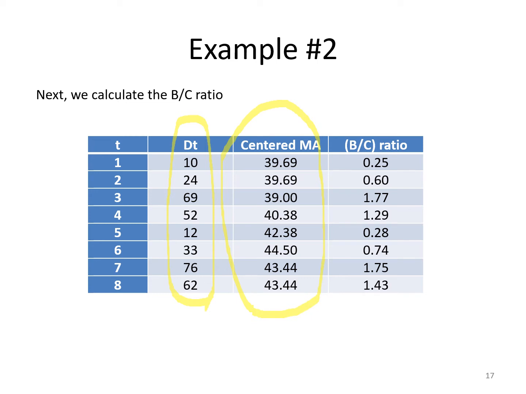And of course, just like what we did for the first example, we divide D_t by the centered moving average value at the same period. And this will give us the ratio. So this column includes all the calculated ratios for each period.